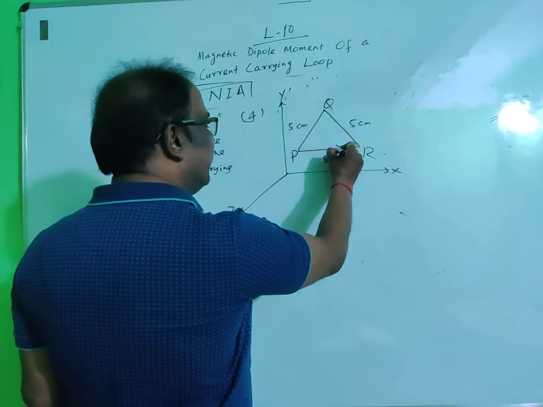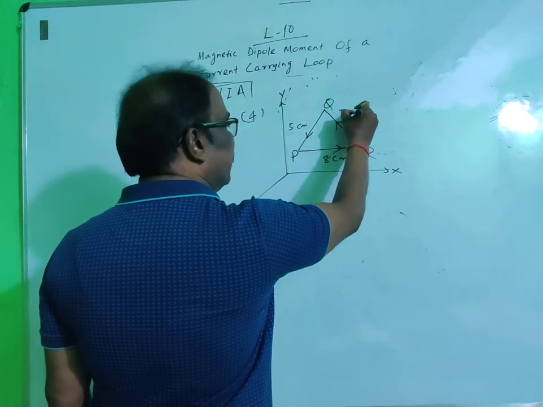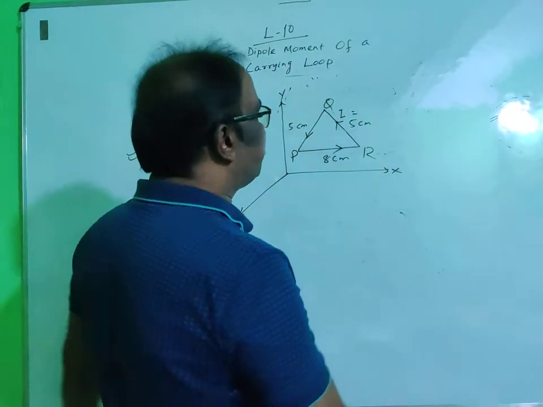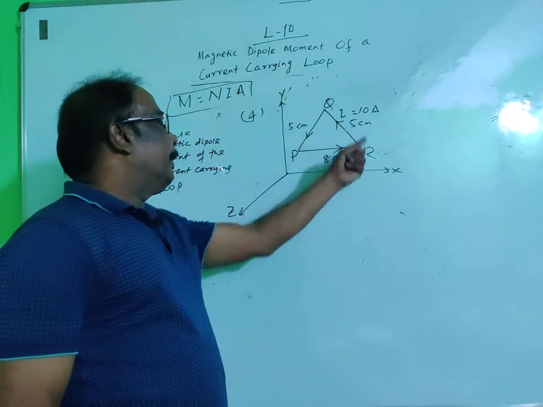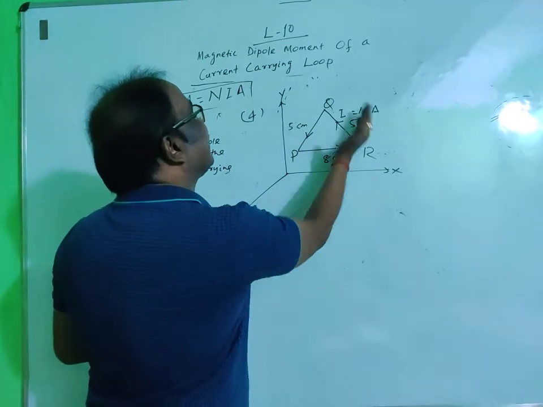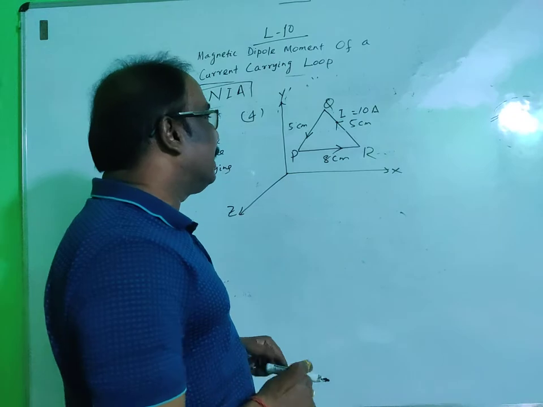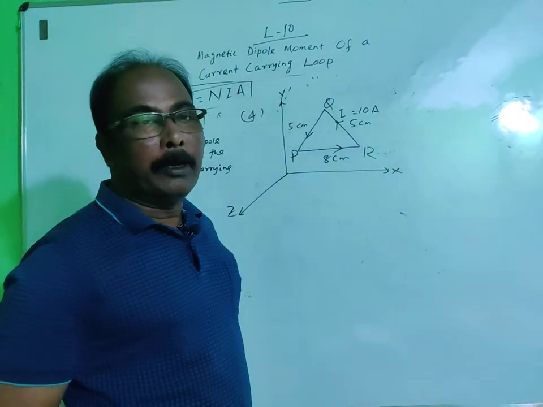Current is flowing in anti-clockwise order, and magnitude of current is 10 ampere. This side 5 centimeter, this side 5 centimeter, and base is 8 centimeter.